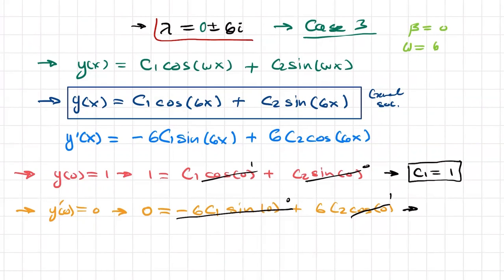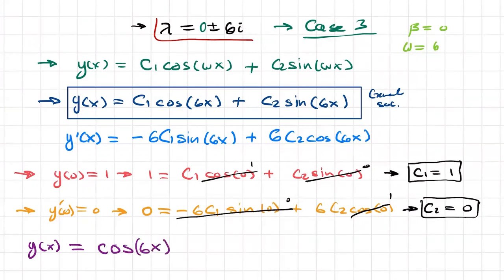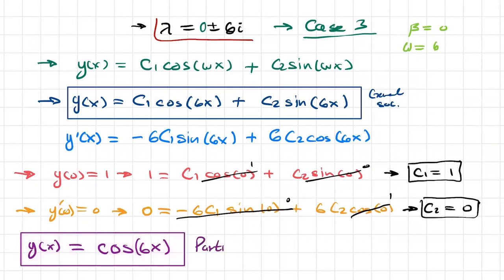And even though we have here 0 equals 6 c2, we know that c2 is just equal to 0. All right, so if that's the case, then we can already find our particular solution. And we get that y of x is equal to just cosine of 6x, because c2 is 0, so this is just the answer to this problem.